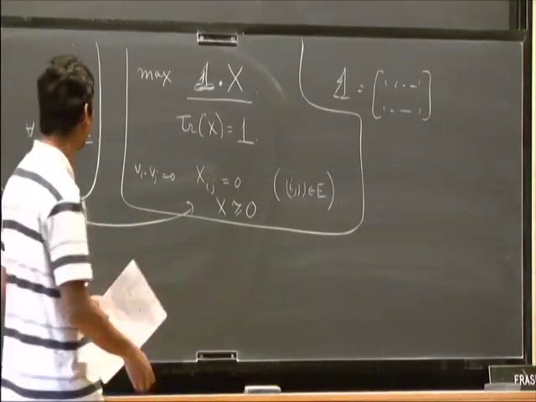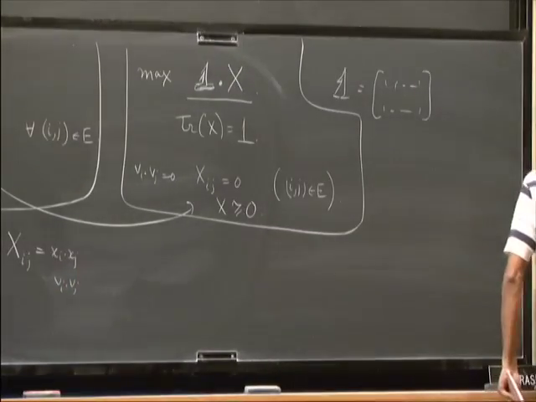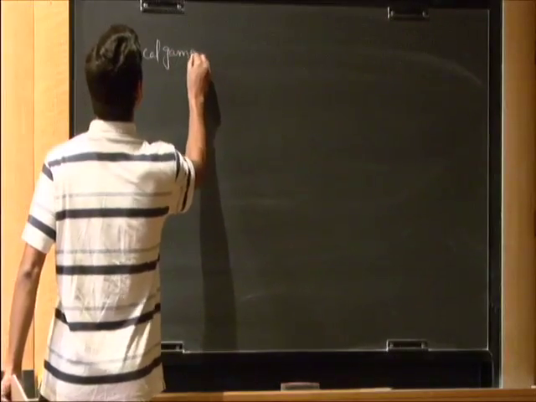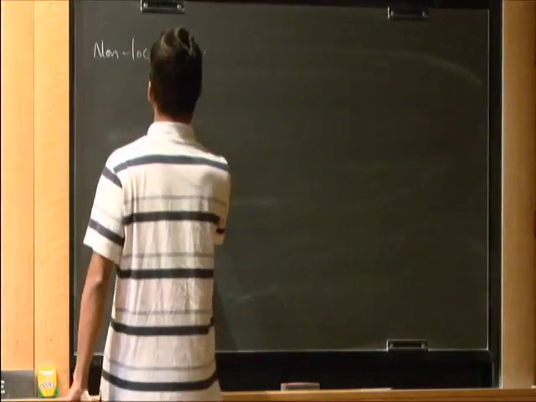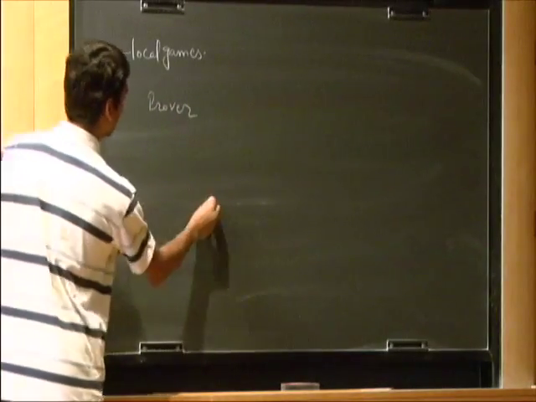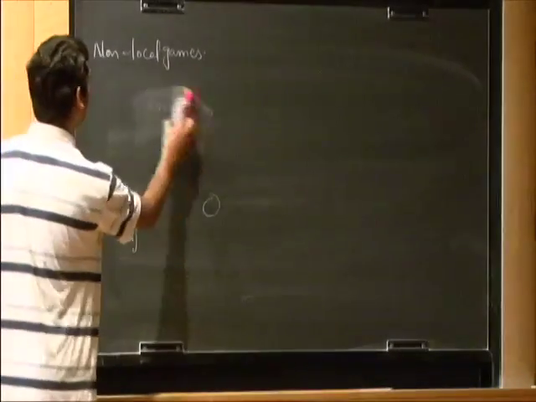Similarly, there are things called non-local games. In non-local games, you have two provers and one verifier.